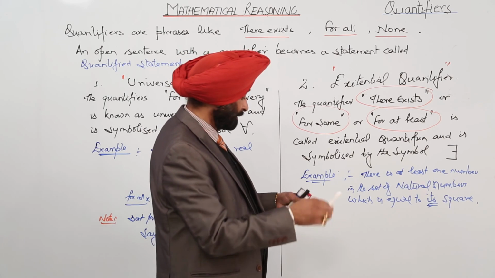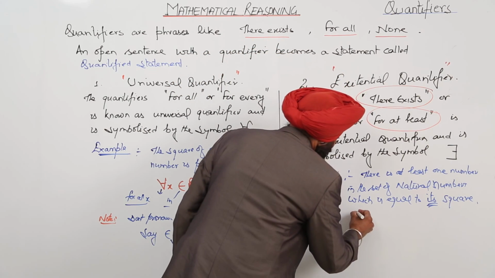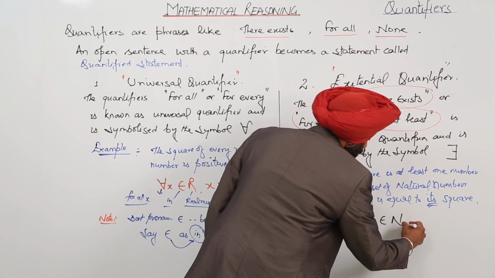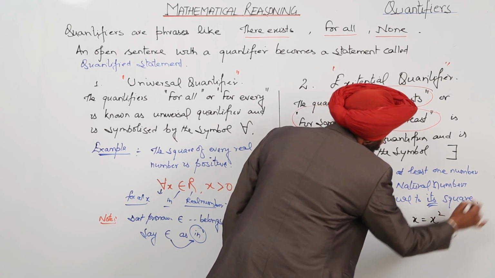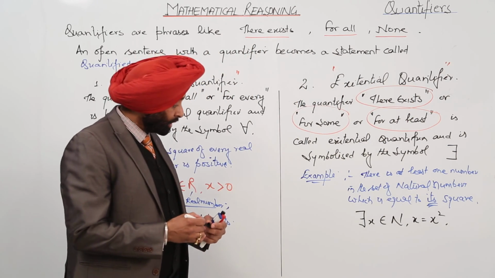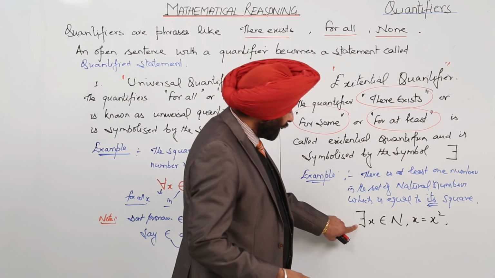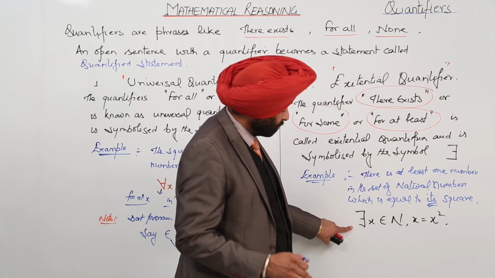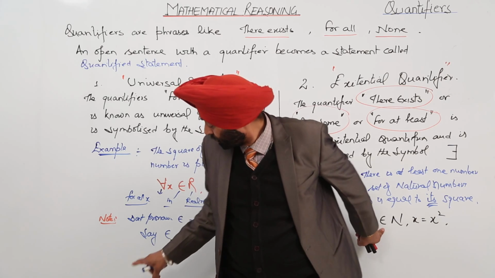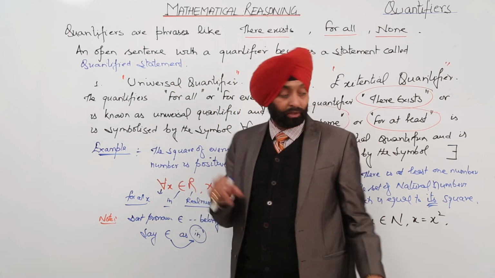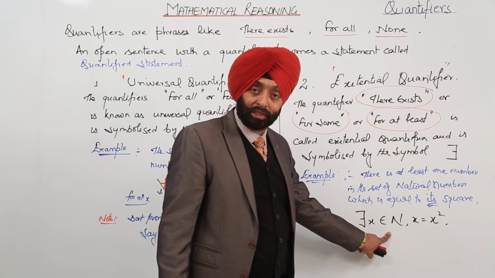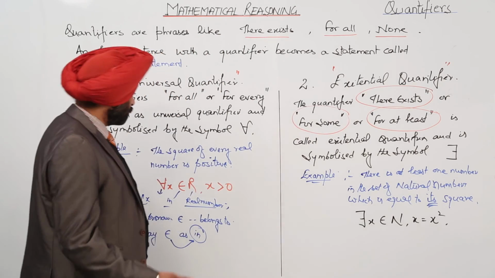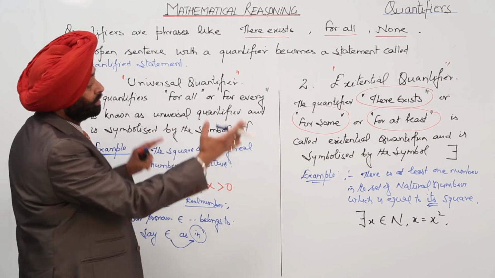Now how to symbolize it? Can we go directly with there exists x in natural numbers such that x is equal to x squared? Is it clear? At least one number, that is x, in the set of natural numbers, such that x is equal to x squared, and that is 1. Okay. So this is what universal quantifiers and existential quantifiers are.